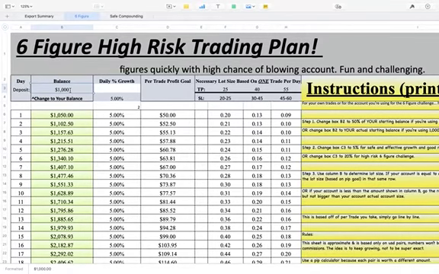So with $20,000, the maximum drawdown is like 12%. Okay, so you can lose $2,150 before you fail the challenge, or 5% max within a day.